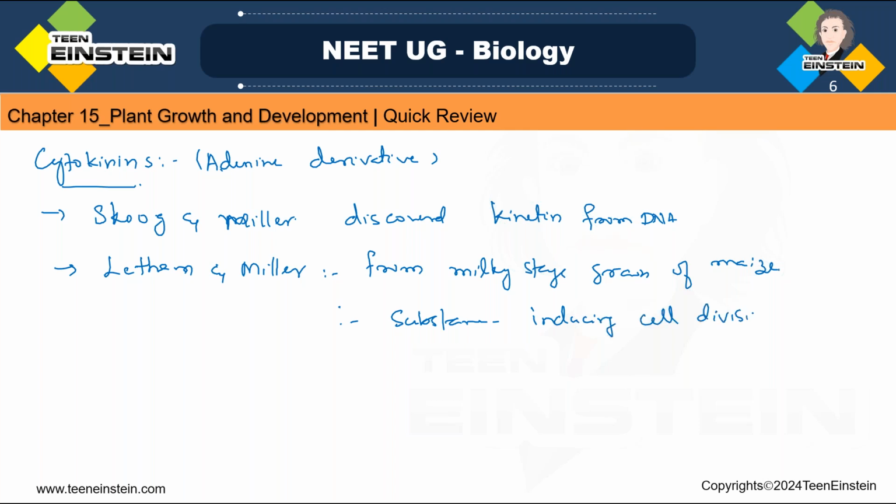They named the substance zeatin, and this was the first natural cytokinin.